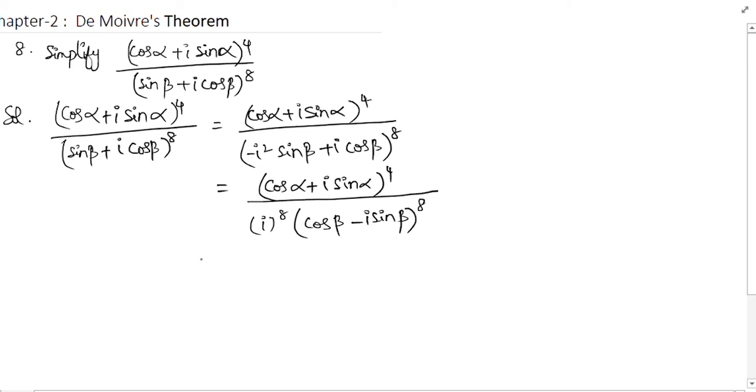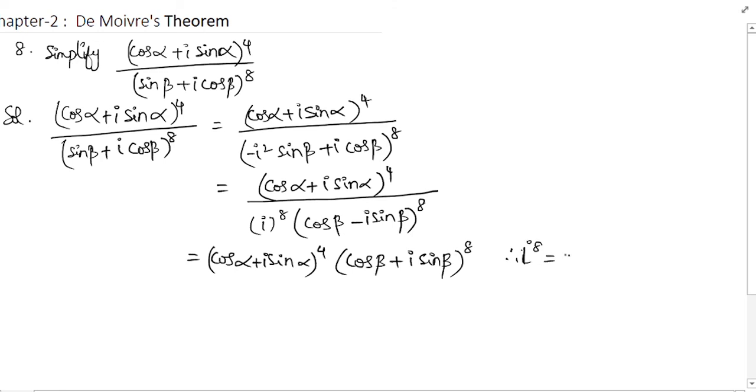Okay, so now this is equal to (cos alpha plus i sin alpha) to the power 4 into (cos beta plus i sin beta) to the power 8. Therefore, i power 8 is equal to (i square) to the power 4 is equal to (minus 1) to the power 4 is equal to 1.